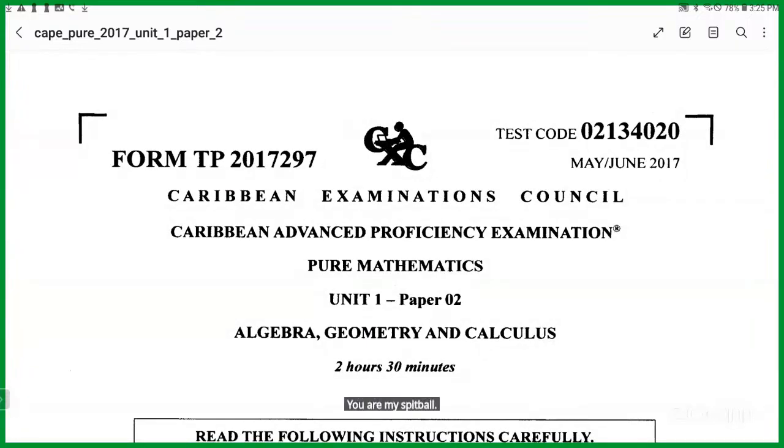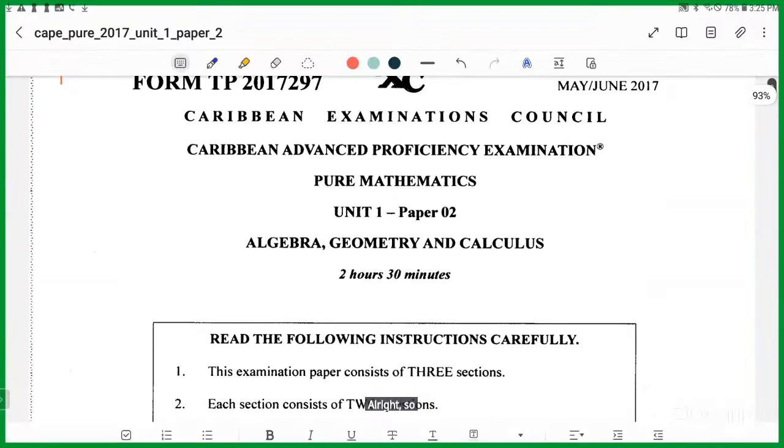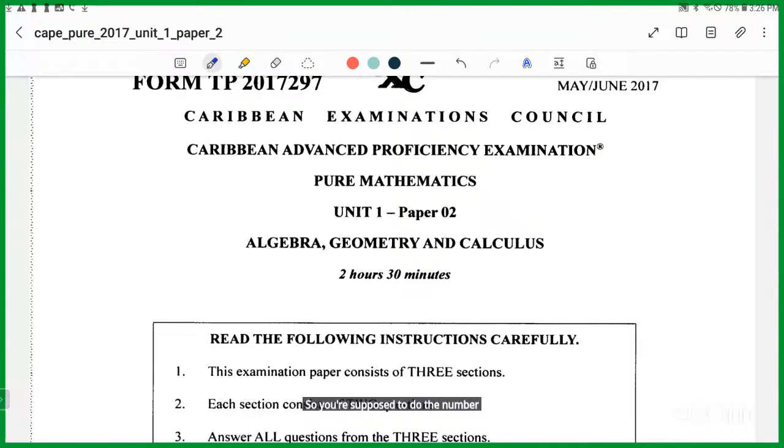Alright, so ADMAS students, you're going to do the ADMAS questions first, right? So you're supposed to do number 1C, 2A, and 4A for ADMAS. And then the pure math students were to do the whole of number 1, 2A, and 2C, and 4A.